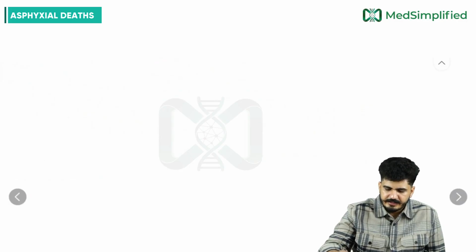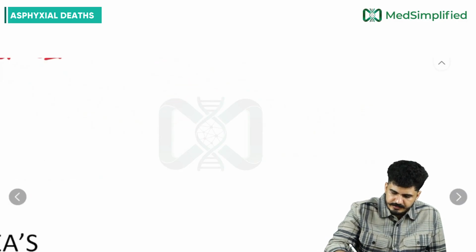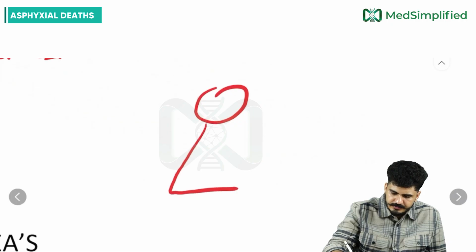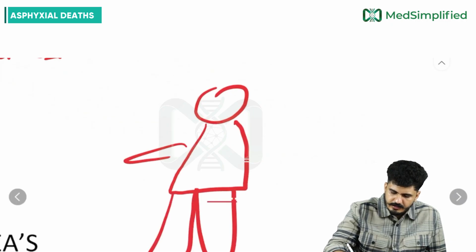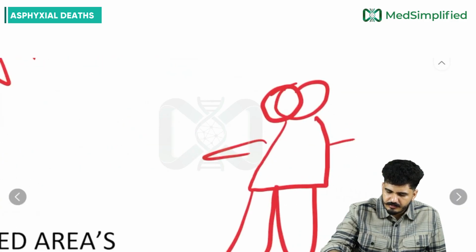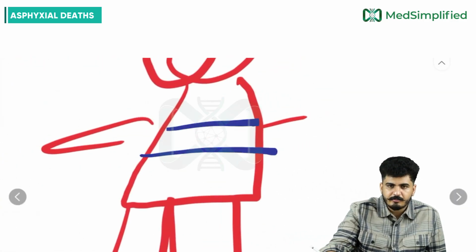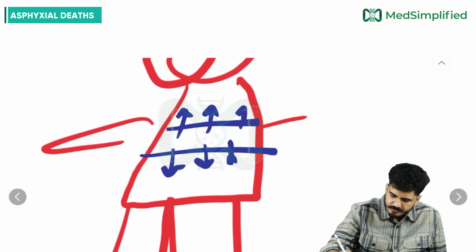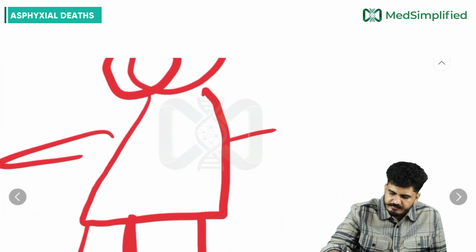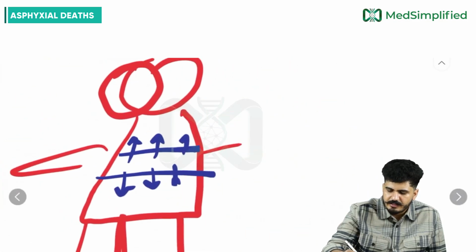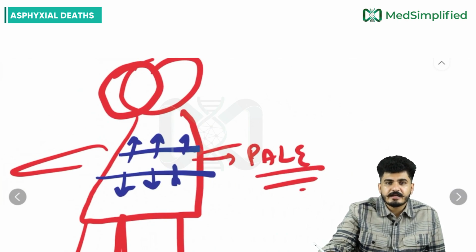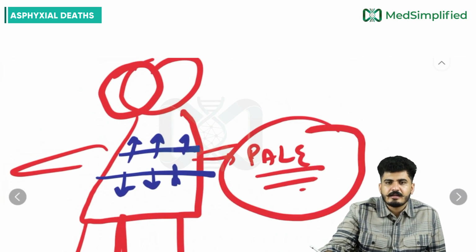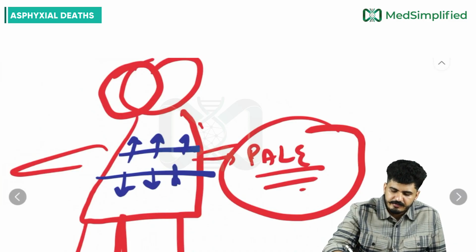If this is the body, and I am applying pressure on the chest area of the body, the blood in this area will go into the adjacent areas. So the area which is getting compressed would be pale, and the adjacent area will be red.